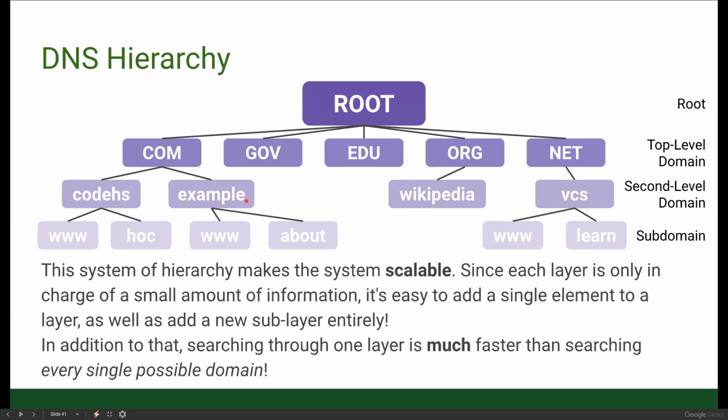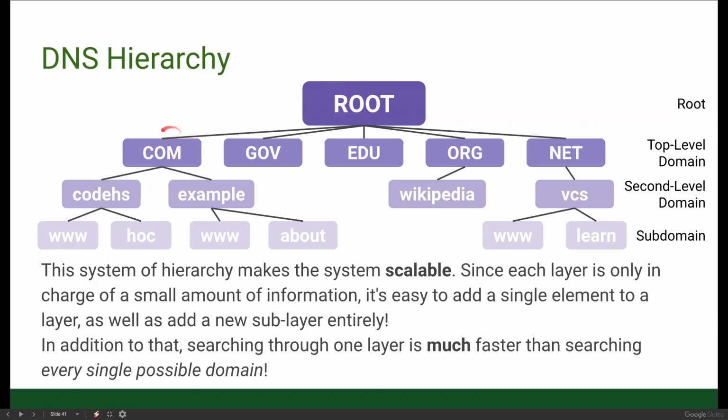So this hierarchical system makes our DNS system, the domain name system, very scalable. Since each layer is only in charge of a small amount of information, root doesn't need to know about.example.com specifically. Root only cares about COM addresses.